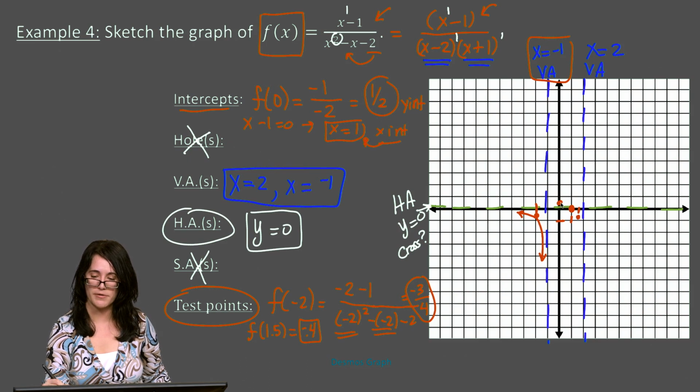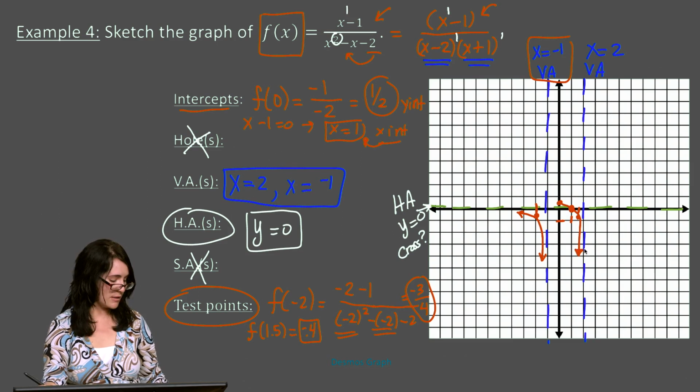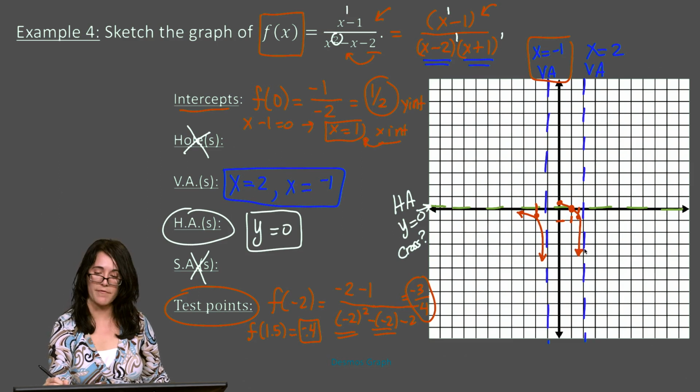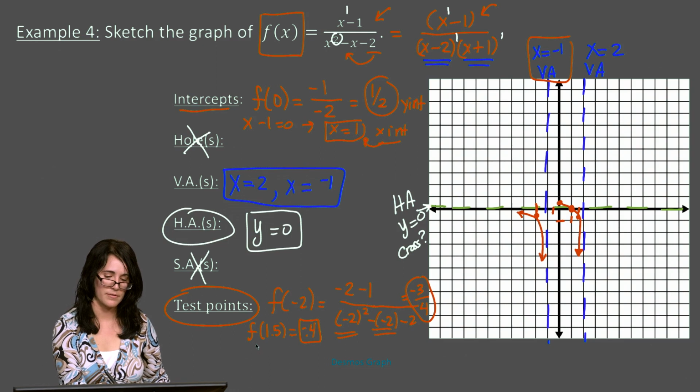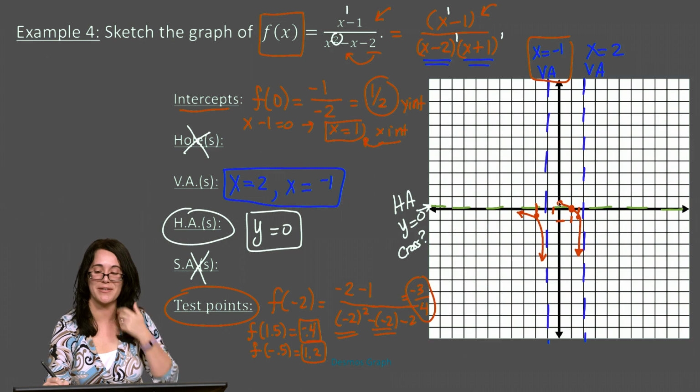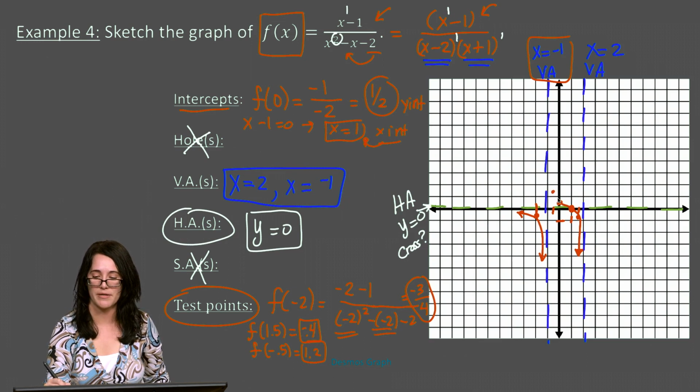So this graph appears to be going something like this in this space. Similarly, when I typed in negative half, which is around here, f of negative 0.5, if you will, I got positive 1.2. So what I'm really caring about is positivity or negativity. So 1.2 would be around here somewhere. And now this graph is going something like this.